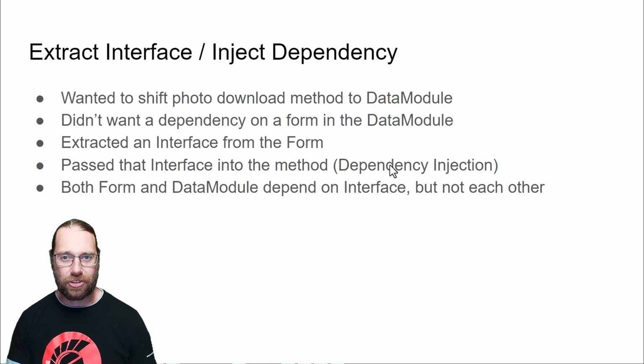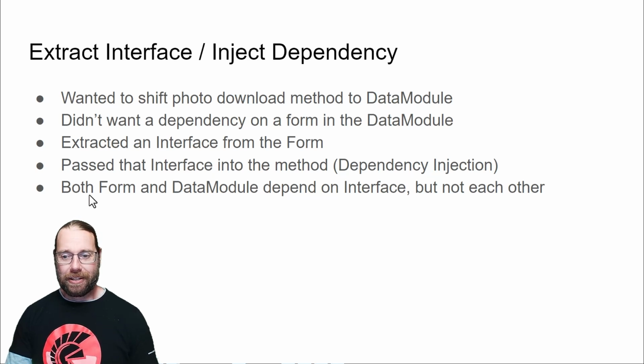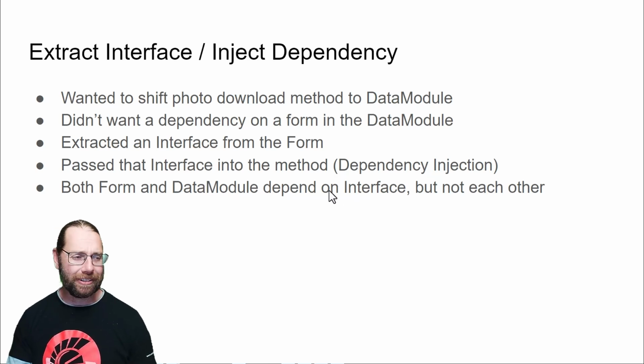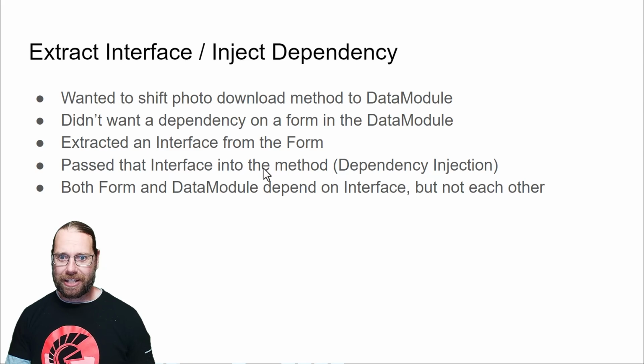That's dependency injection, method injection, and extracting the interface is effectively dependency inversion. And now both the form and data module depend on the interface, but not on each other. So that code is far more portable and easier to shift around. And of course, test if we wanted to go down that route, because we could pass in a mock or a fake or something like that in the testing code.